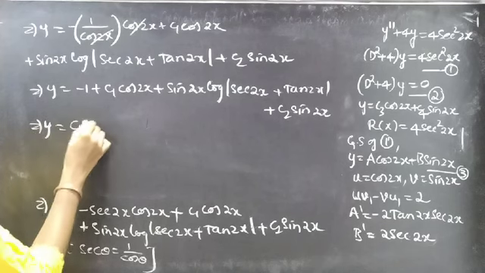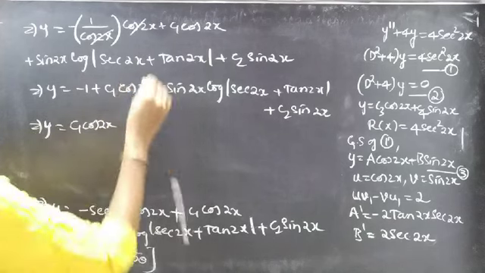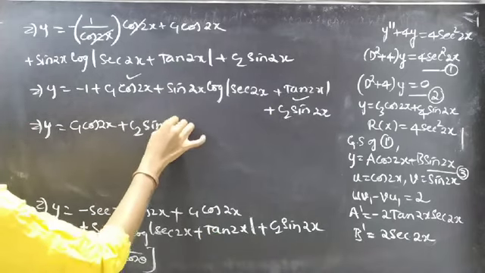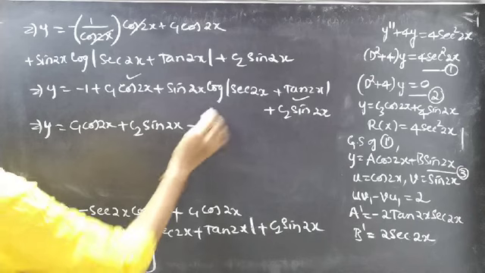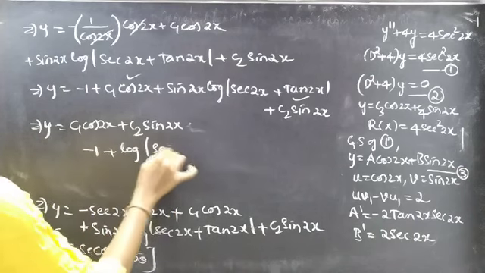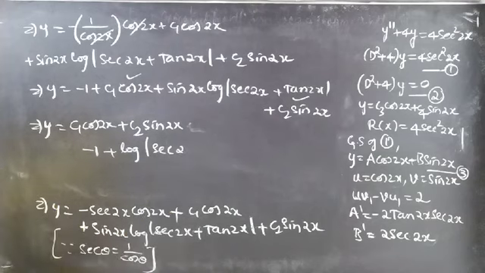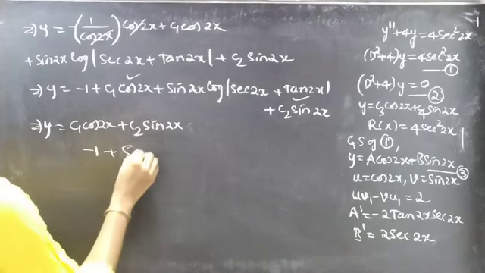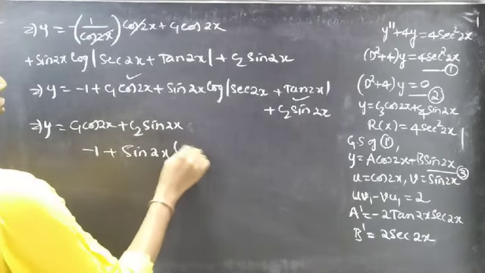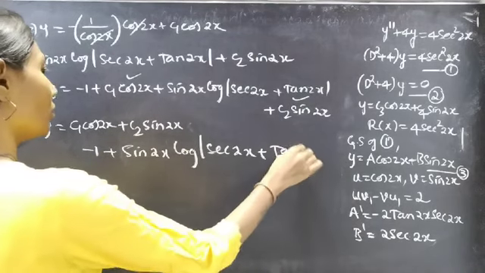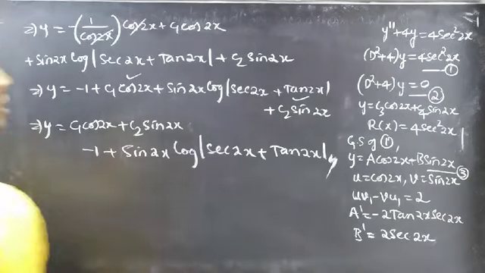We'll get c1 cos 2x plus c2 sin 2x minus 1 plus sin 2x into log mod secant 2x plus tan 2x. This completes the problem.